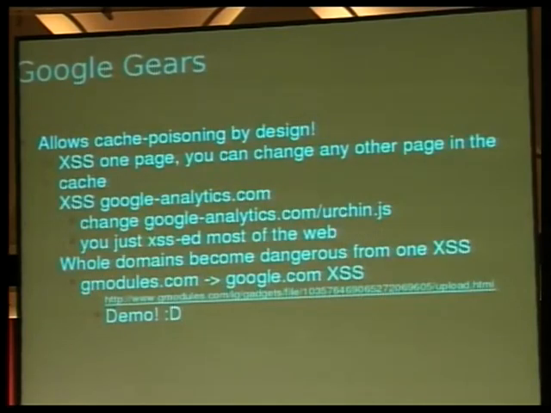But one of the more interesting things Google Gears allows is cache poisoning by design once you have an XSS bug somewhere. This is particularly interesting because a lot of different domains have trust relationships between each other, for example by pointing script tags across domains. One of the ones I want to demo is a trust relationship between google.com and gmodules.com.